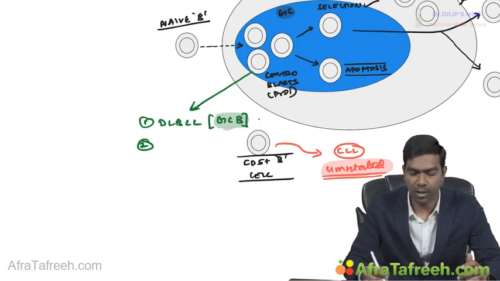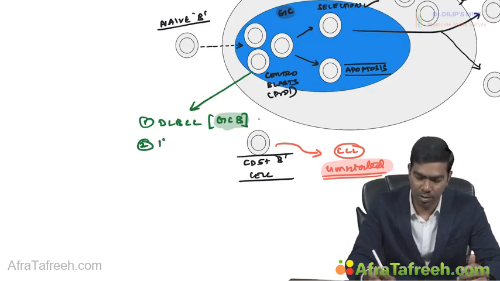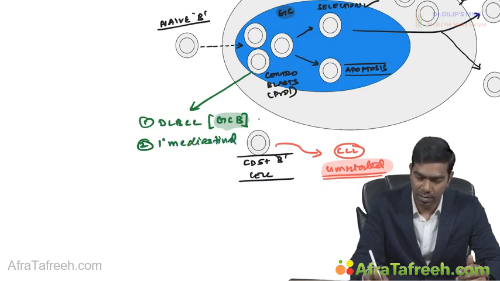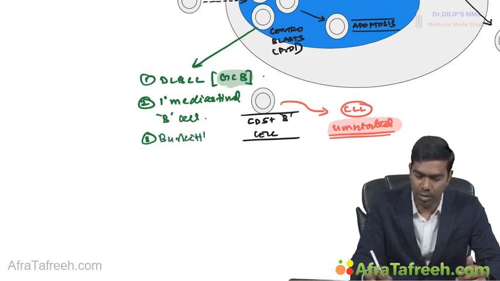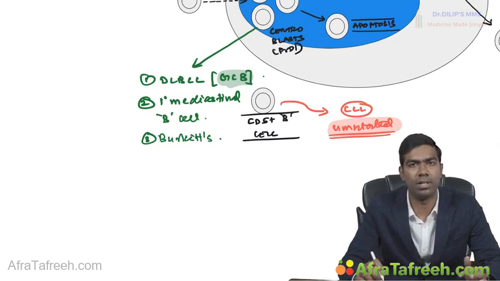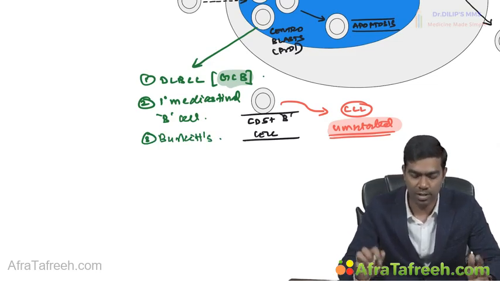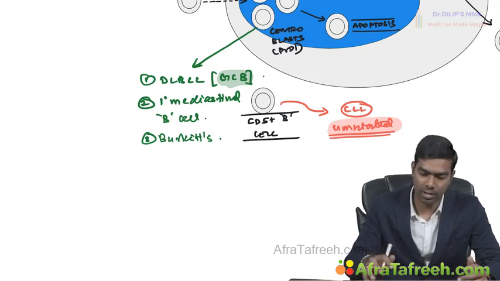Number two, it can give rise to another aggressive neoplasm called primary mediastinal B cell lymphoma. And the third aggressive neoplasm is Burkitt's lymphoma leukemia. Typically, Burkitt's lymphoma leukemia also originates from this centroblast and is going to be very aggressive.